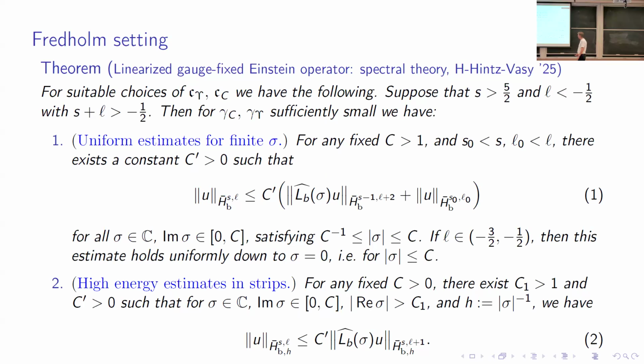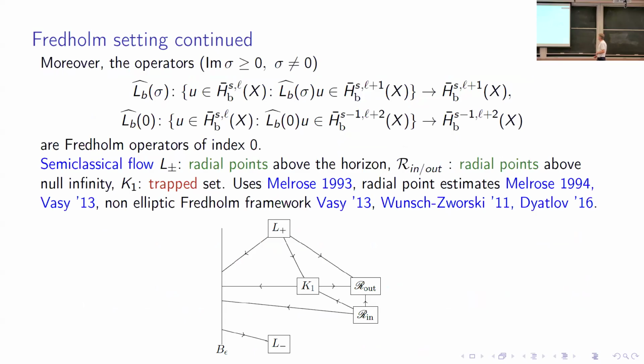This is the usual propagation of singularities, and it isn't the right tool here. I don't have a four-term estimate, so it doesn't help. So let me explain. These are written here as operators of index 0.